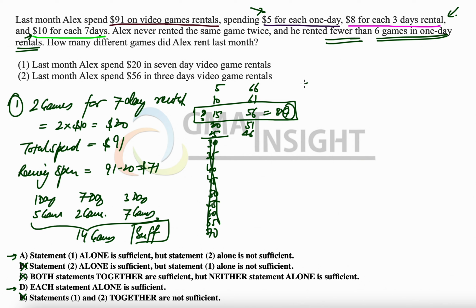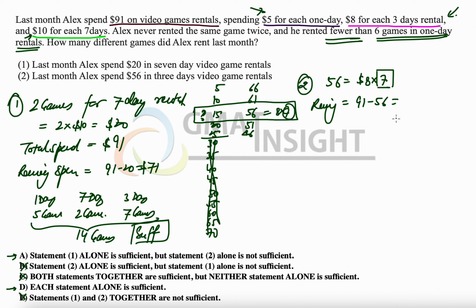Now let's check the second statement. The second statement is Alex spends $56 in 3 days video rental. Okay, so 56 is equal to $8 multiplied by 7. So he must have rented 7 games for 3 days. Now, the total money spent was $91. So the remaining money that he must have spent will be 91 minus 56.